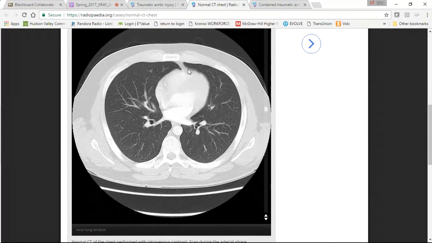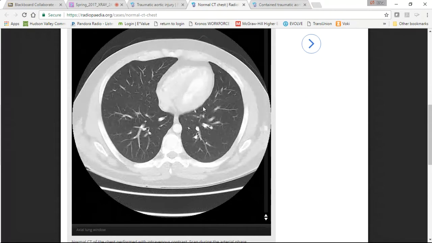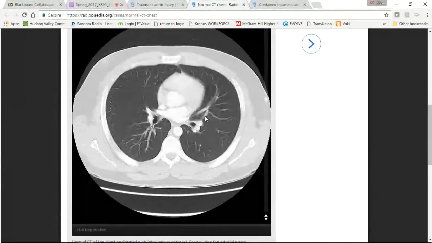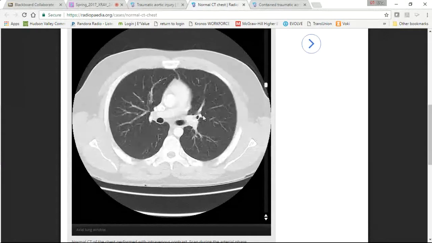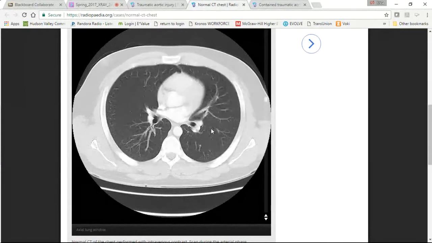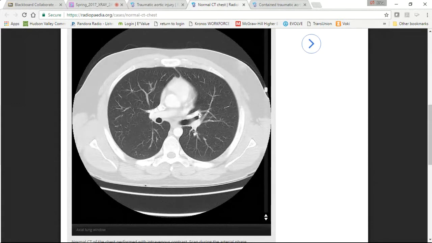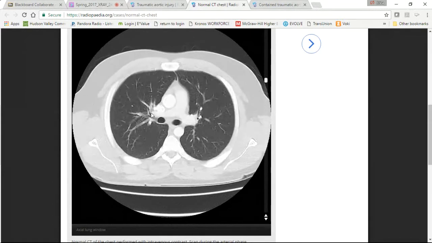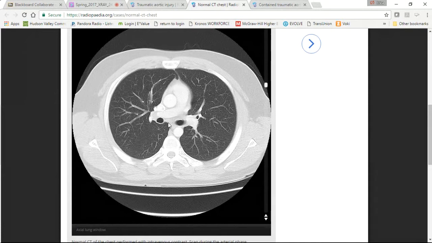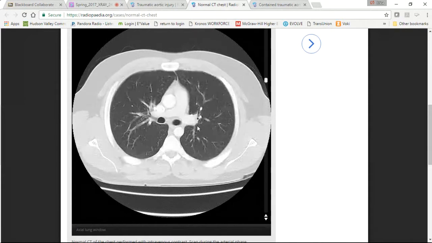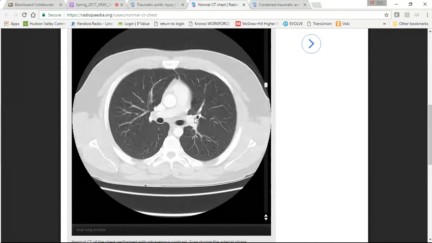So cardiac notch, lingula, and then the area of the lung with the indentation where all the guts and the good stuff goes in and out, right here, that's your hilum, okay? Hilum, right hilum, left hilum, okay?